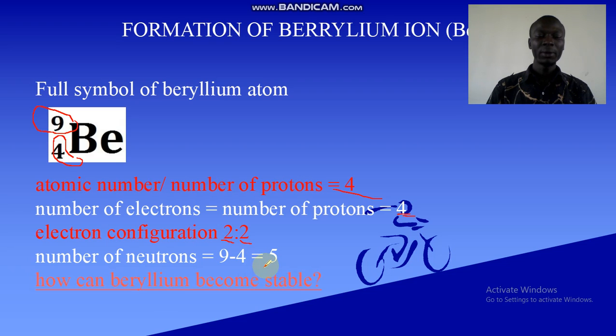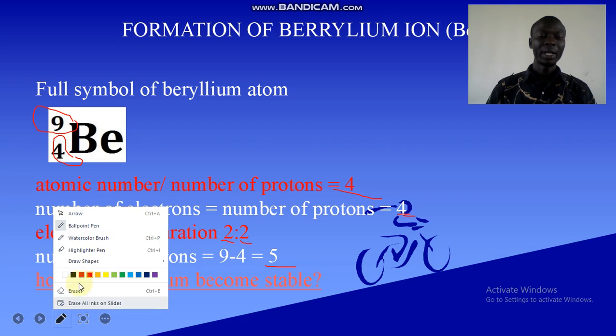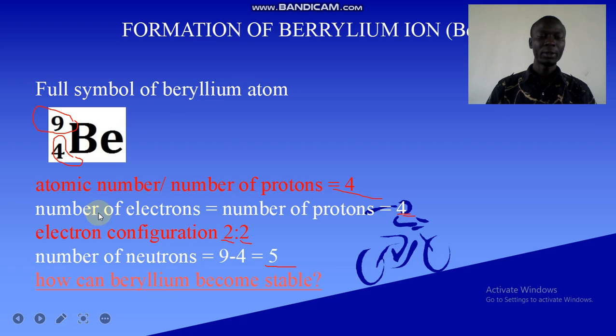So we have 5 as the number of neutrons. I hope you have recorded down the number of protons, neutrons, and electrons. So assuming you have recorded them down, let's illustrate how a beryllium ion is formed.